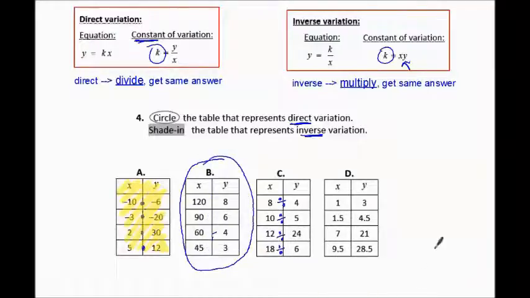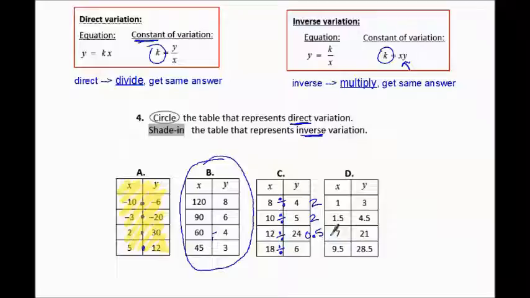In the next box, I'm going to try dividing all the numbers again to see if it is direct variation. 8 divided by 4 is a 2. 10 divided by 5 is a 2. And you might be tempted to stop here, but let's double check. 12 divided by 4, that's actually a 0.5. So even though the first 2 worked, the third one didn't work.